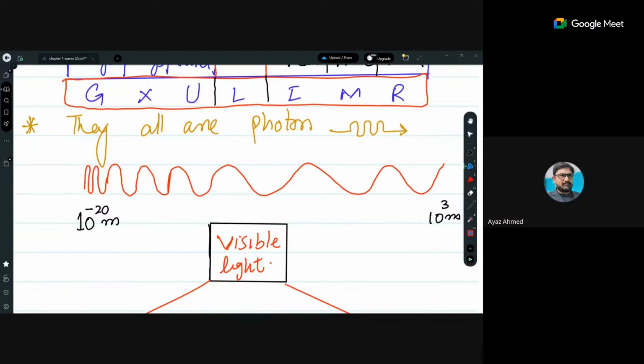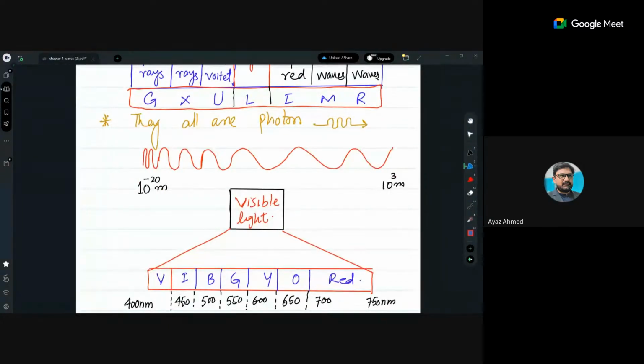I have shown on the slide that the wavelength of these waves increases as we move from gamma to radio.